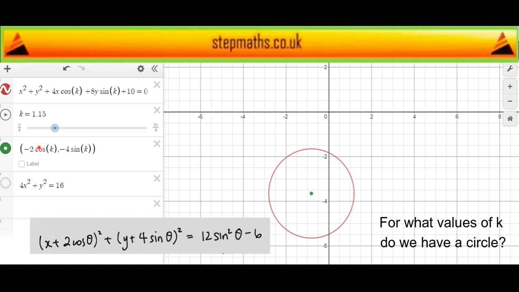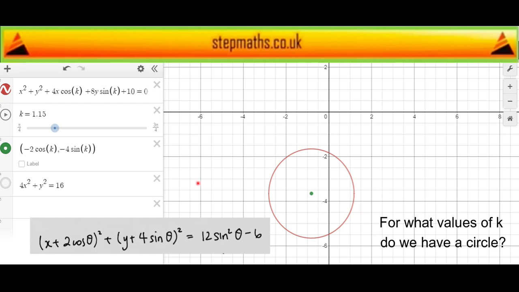There is actually one other really nice property of this problem, which is if we mark the centre of the circle with a green dot here, we can algebraically work that out to be minus 2 cos k, minus 4 sin k. Then, as k varies, the centre traces out a very nice path.